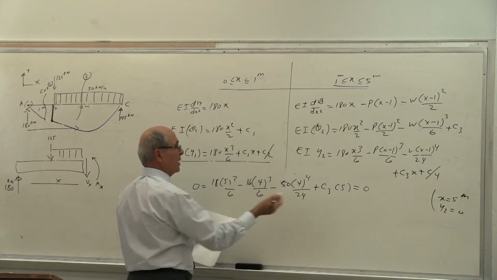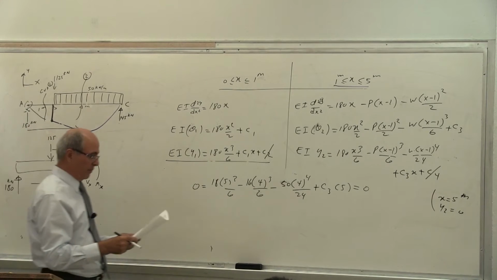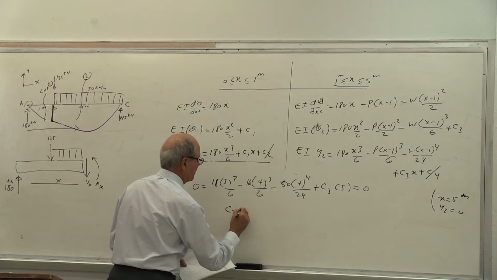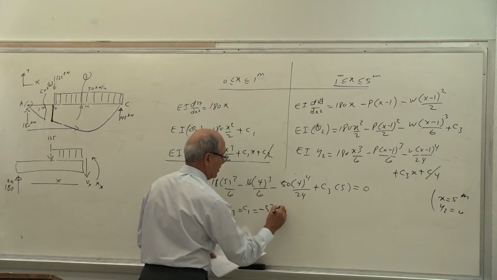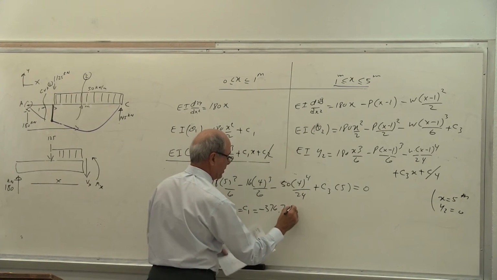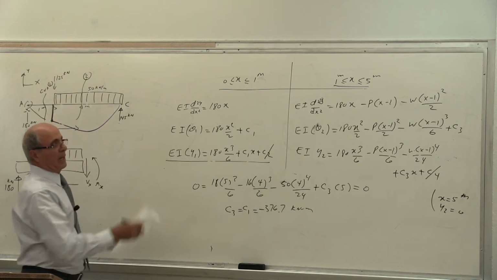You solve it this way. As you see, it becomes only one equation for one unknown, and that's why it becomes very simple. C3, which was equal to C1, becomes equal to minus 376.7, something like that, kilonewton meter. That's it. So that is the math.